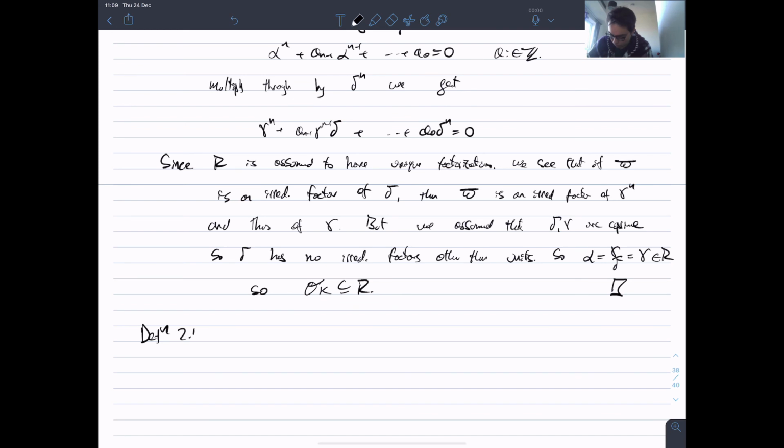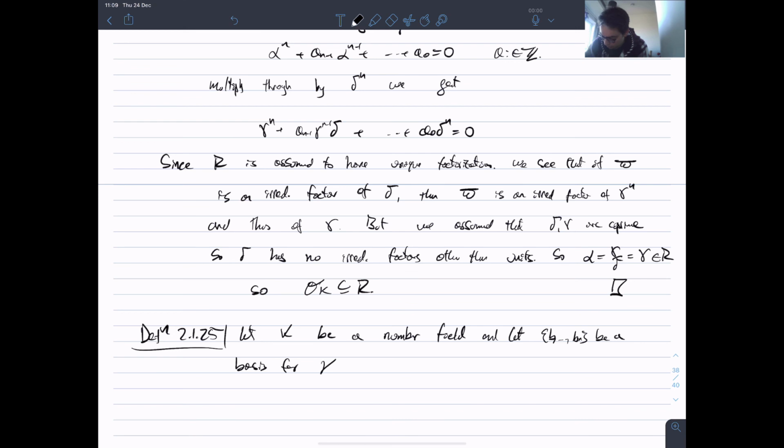Definition 2.1.25. Let K be a number field, and let b1 to bn be a basis for K over Q, as vector spaces.